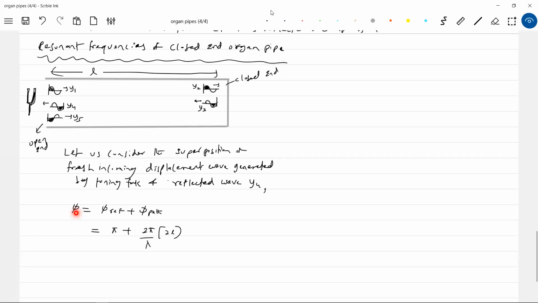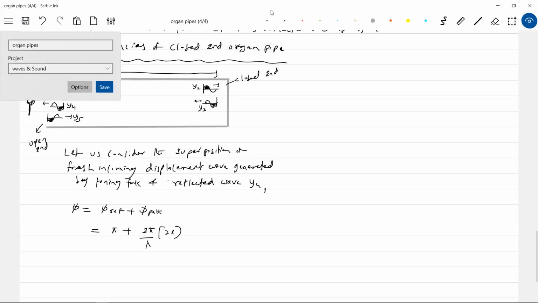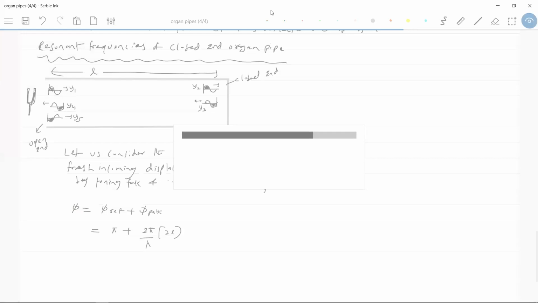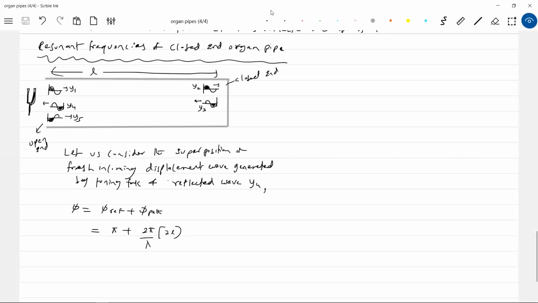Think of yesterday's idea. 2n pi, no? For constructive, and for destructive interference, 2n minus 1 pi. Am I right? Yeah, good. 2n pi, it should be that one. Just recollect why 2n pi for constructive.